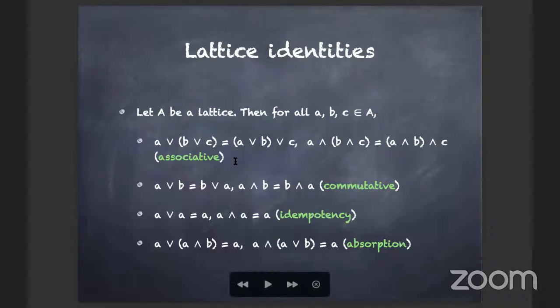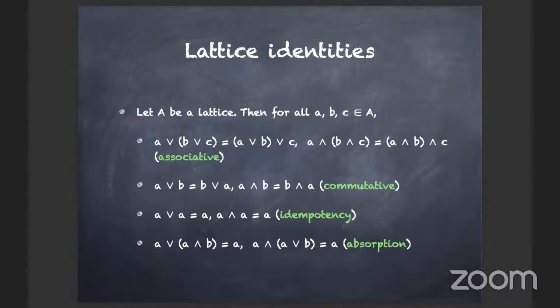For associativity, you just need to think about the set of upper bounds of A and (B or C), which is the same as the set of upper bounds of A, B, and C. If you consider the set A and (B or C), and another set A, B, C, the sets of upper bounds of both these sets are the same.